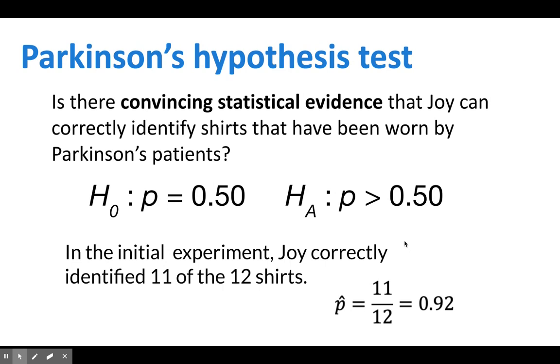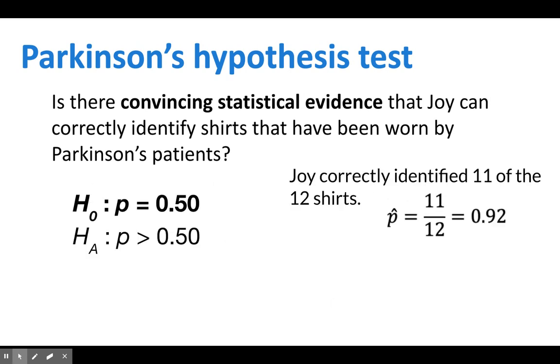Just a reminder, in the initial experiment, Joy correctly identified 11 of the 12 shirts, so her p-hat was 0.92. To gather evidence, remember, first we assume that the null is true.